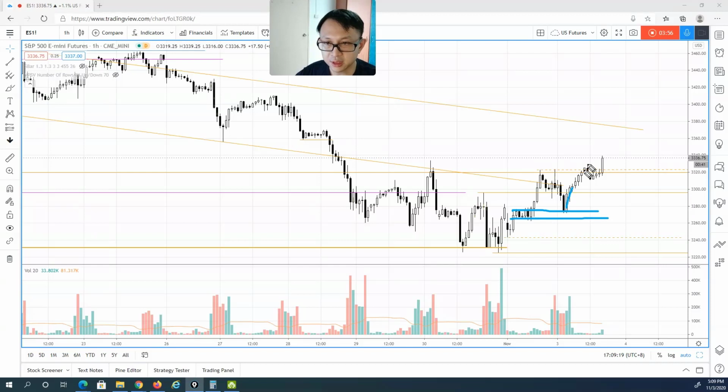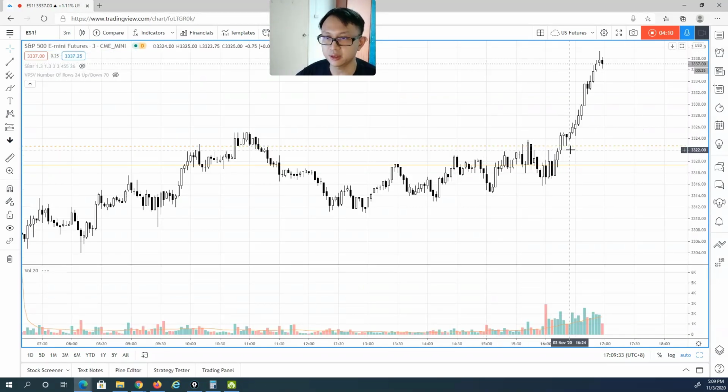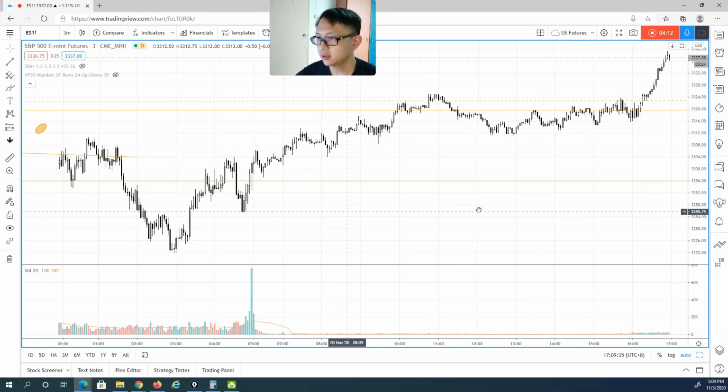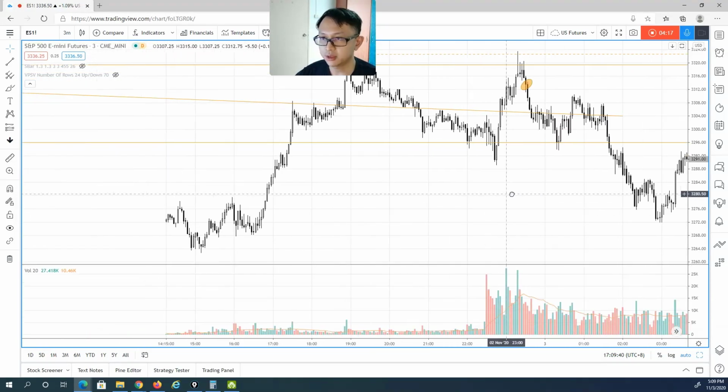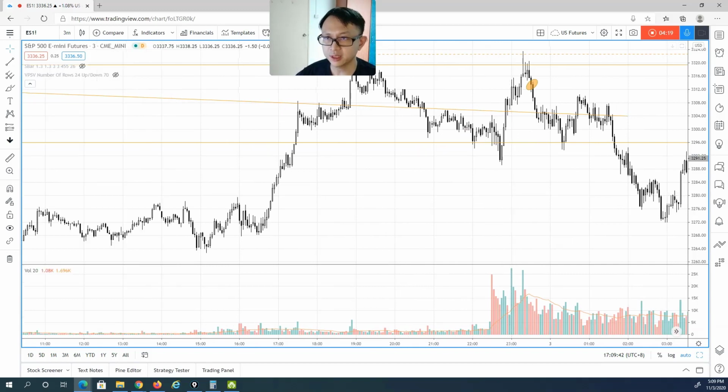During the Asian session today, we had a good rally followed by a tight consolidation, and a breakout is happening right now. So let me go to the 3 minutes time frame, and let's talk about one potential trade, because that trade actually happened about 11:30 p.m. in my time zone, so it's kind of late for me to take the trade.